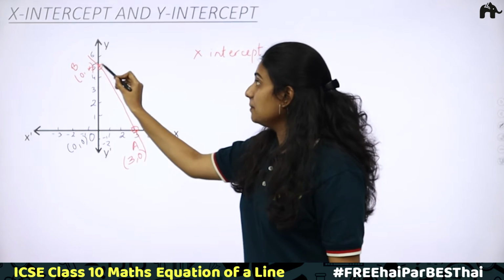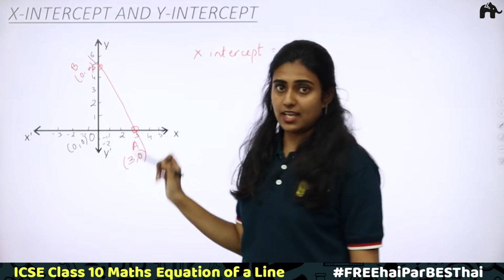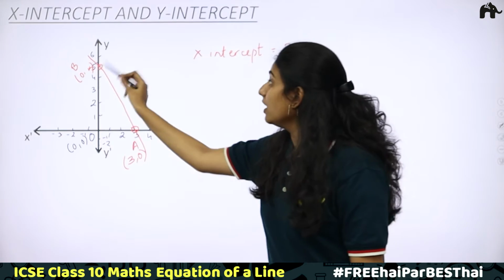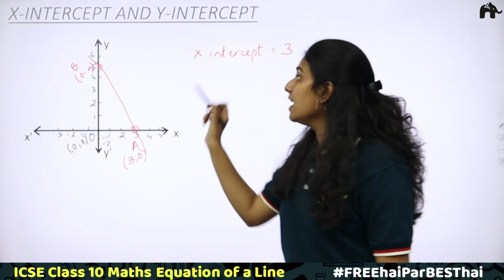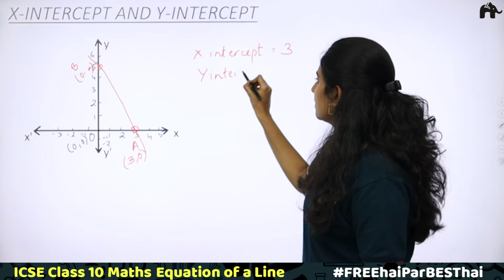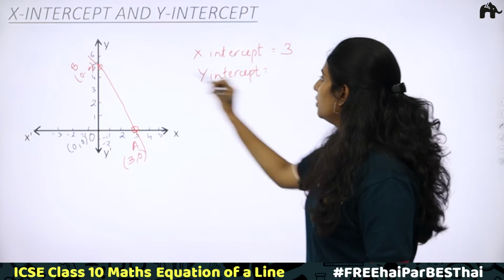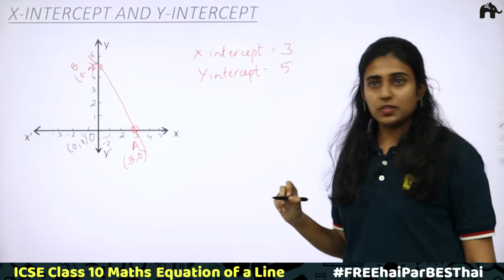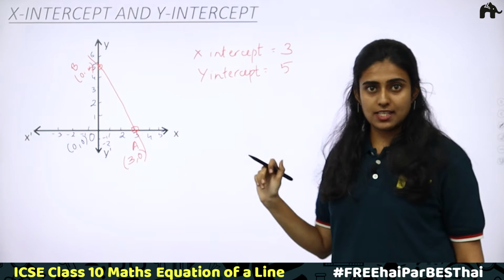And the line meets the y-axis at a point. The ordinate, or the y-coordinate, of this point is called the y-intercept. Here in this case, the y-intercept is equal to 5. So, understood what x-intercept and y-intercept are?